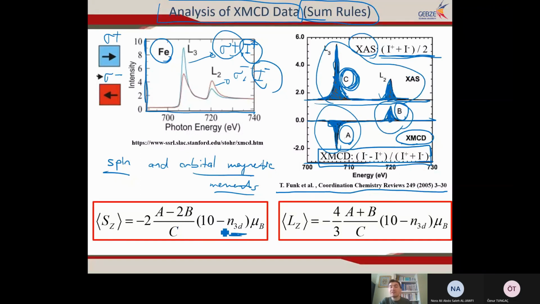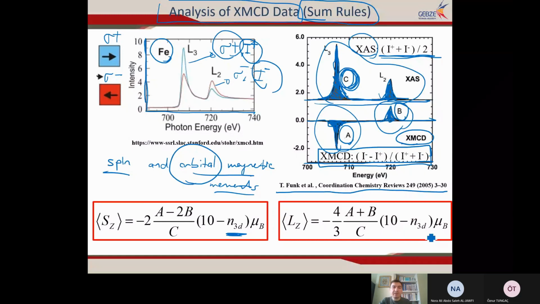The number of electrons in the 3D level, and this depends on the element. And here we have mu Bohr, the Bohr magneton, which is a constant. And how do we calculate the orbital magnetic moment? It is minus 4/3 times A plus B, minus C, times 10 minus N3D, times the Bohr magneton.